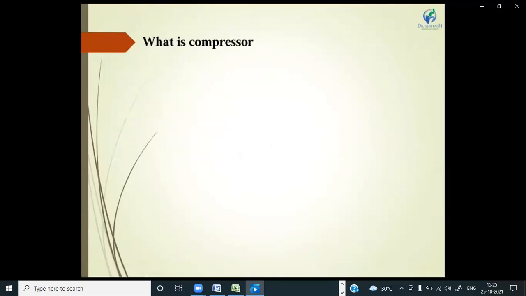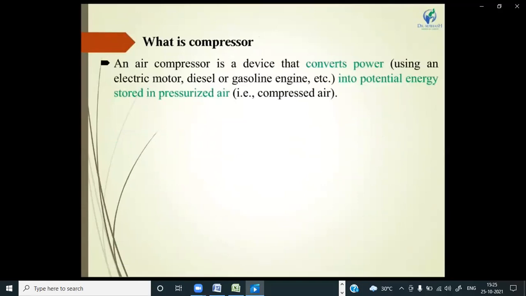What is a compressor? An air compressor is a device that converts power from an electric motor, diesel, or gasoline engine into potential energy stored in pressurized air, also called compressed air.